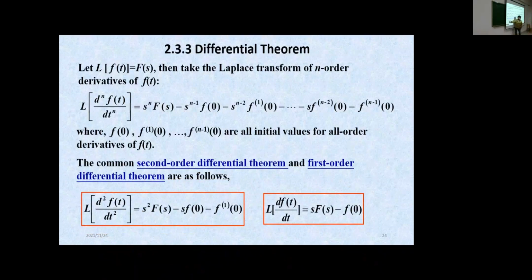Just let n be 2. Then we get s squared F(s) minus s times f(0) and the last one is f'(0). So this is the second order differential theorem.